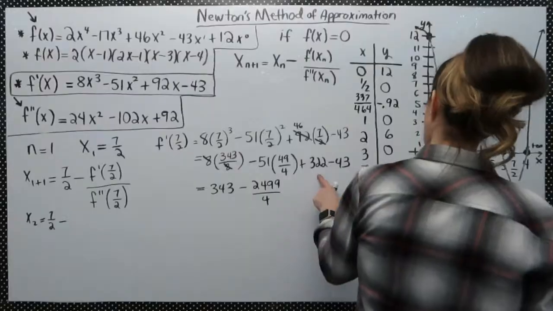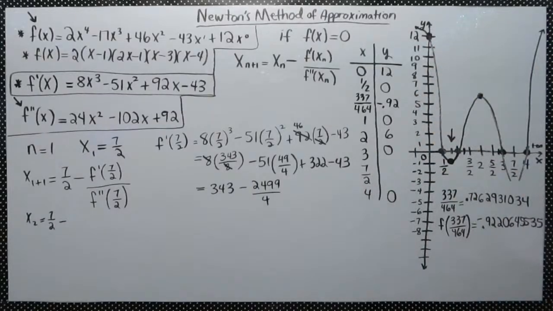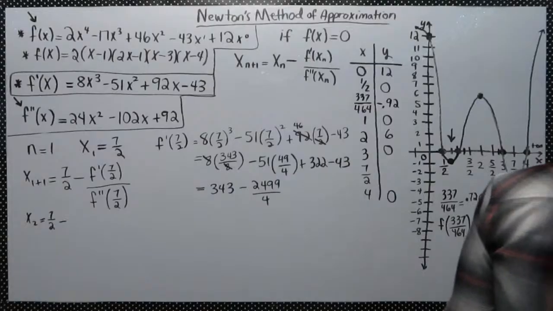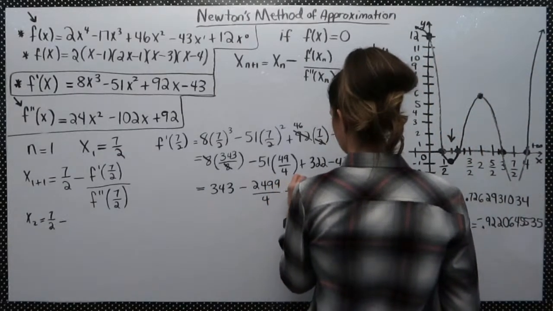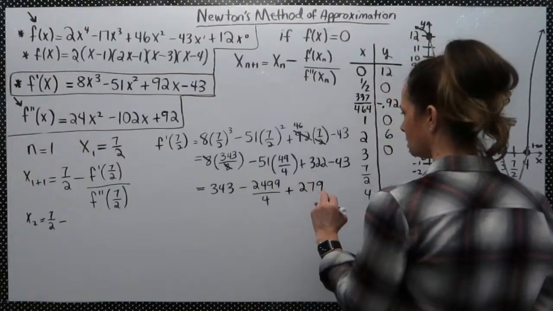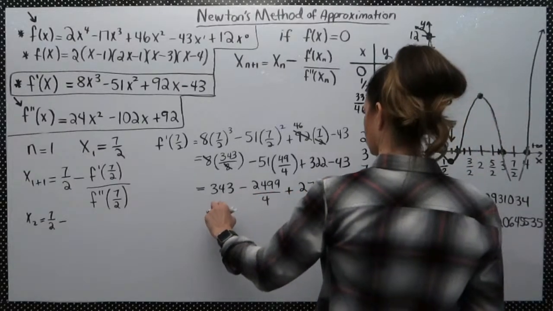And then 322 minus 43, that's 279. Plus 279. All right.